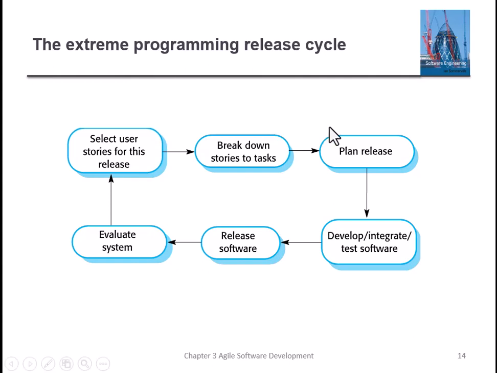Then you must break down these stories into tasks, and then plan the release. This means the plan should be according to 2 weeks, and then you design, implement, test, and then you release that increment. Develop, integrate, test software, and then you release.